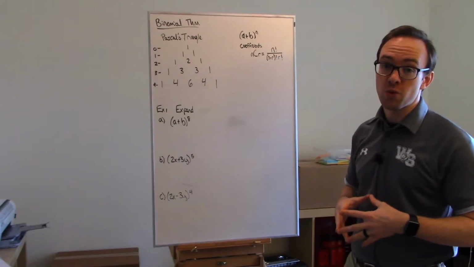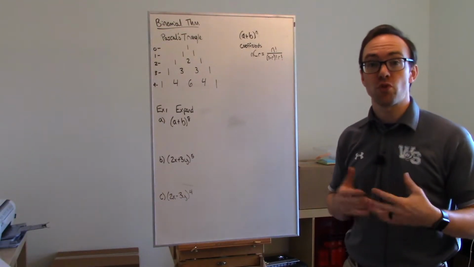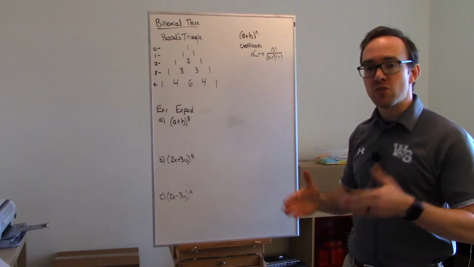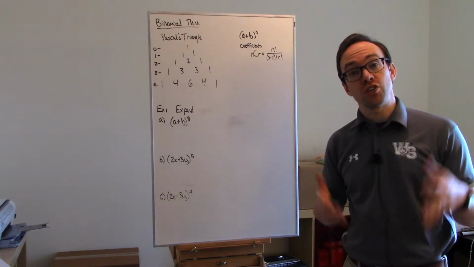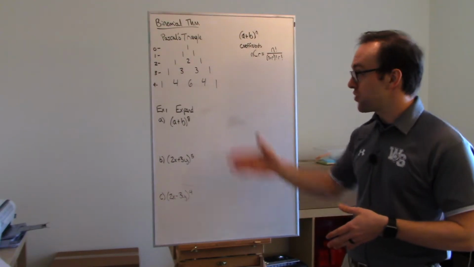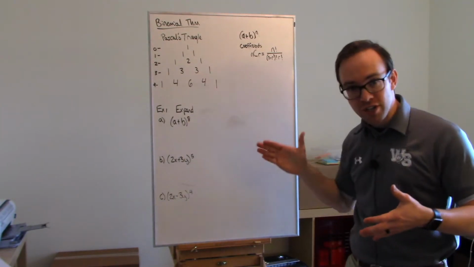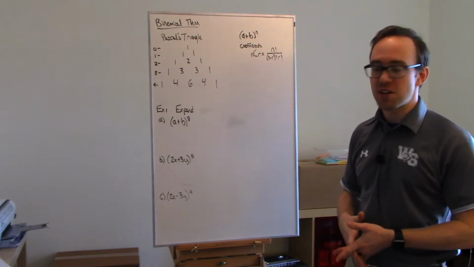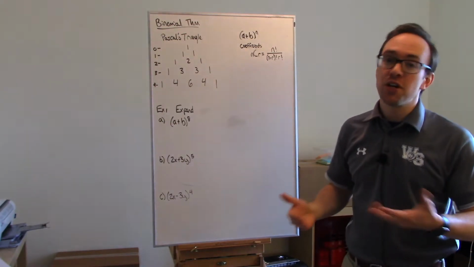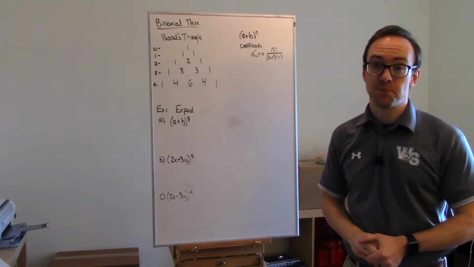So what you see on the right side is a coefficient formula for binomials. If you were given a binomial to the 25th power and you wanted to figure out what number the third term would have, instead of going down your Pascal's triangle, you could plug it into this formula.